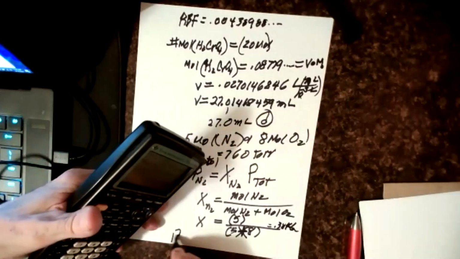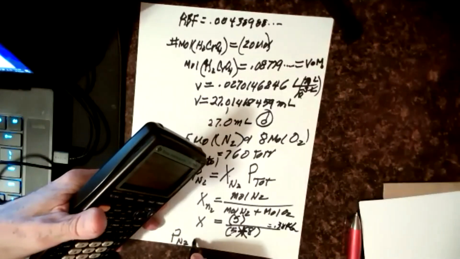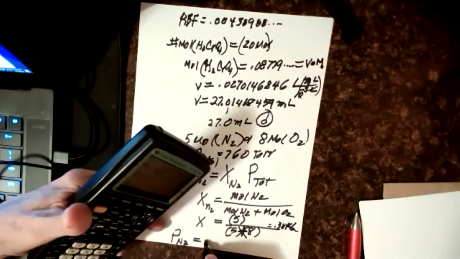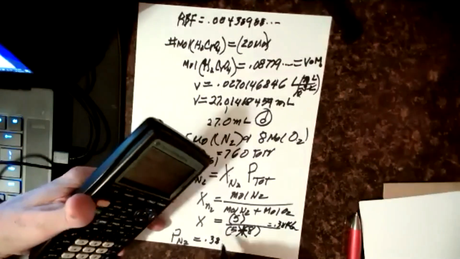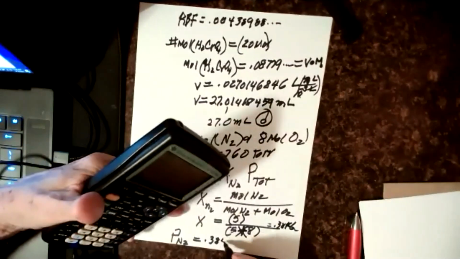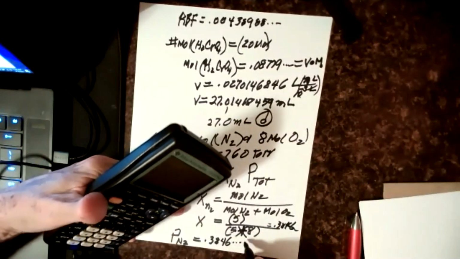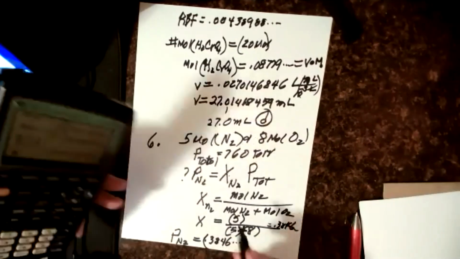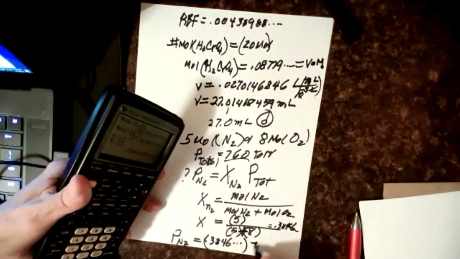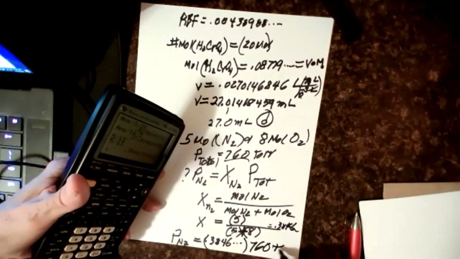So the partial pressure of the nitrogen, N2, is the mole fraction, 0.3846 and digits, multiplied by the total pressure, which is 760 torr.